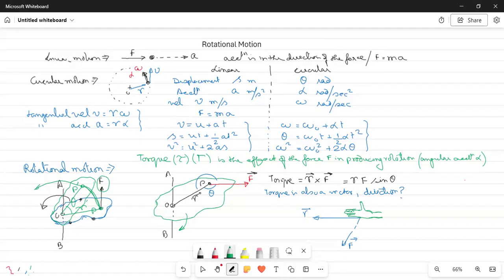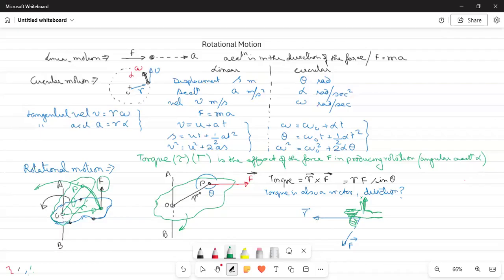Now, if you close your fingers, then what will happen? Your fingers will come in this direction, and your fingertips will then be on the F vector. In that case, the direction of your thumb is the direction of the cross product, that is R cross product F.